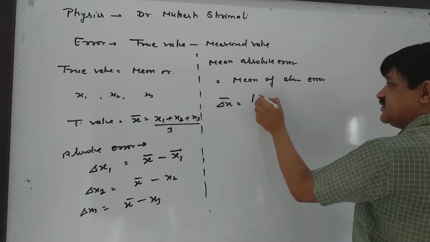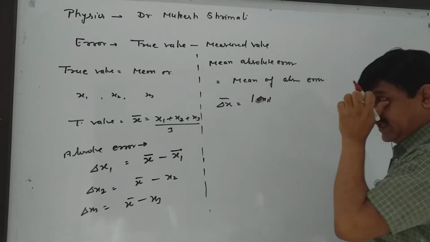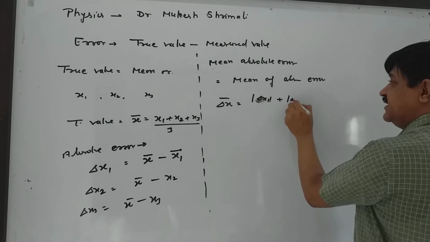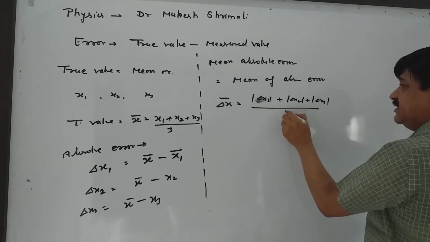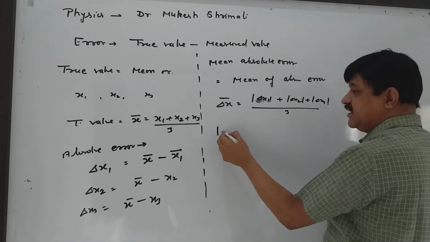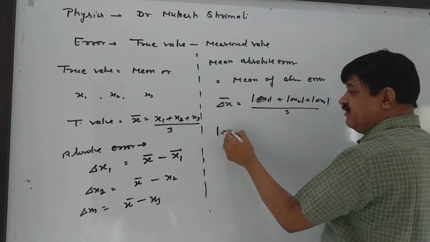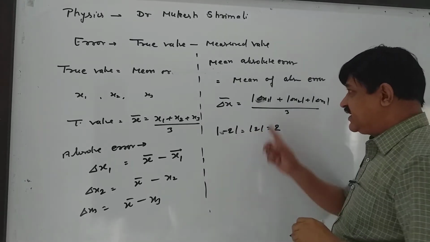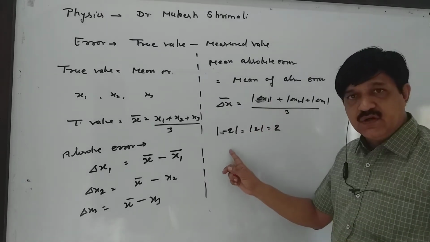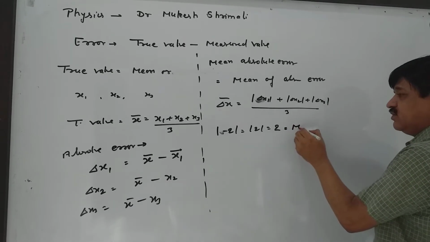So for the first absolute error del x1, just find the modulus, then del x2, del x3, divided by 3. Here modulus means, if you have minus 2, that equals 2. So we consider only the positive values, and these are called modulus values.